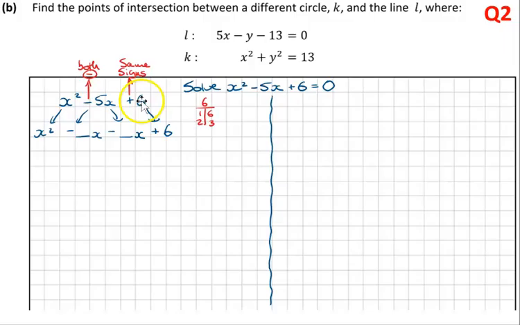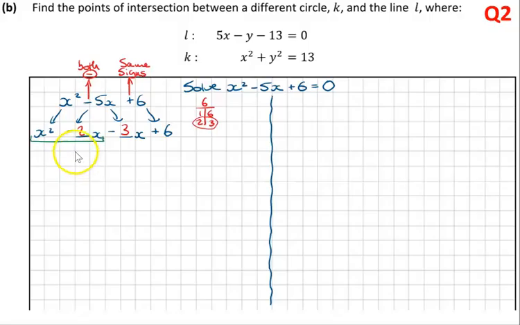I get the factors of 6. They are 1 times 6 and 2 times 3. I need to choose a factor pair that's going to end up giving me minus 5x. So minus something has to give me minus 5. So 2 and 3. So it doesn't matter which way you arrange them because they're the same sign. But if you had a different example where one was a plus and one was a minus, you'd have to be very careful what way you arrange them.